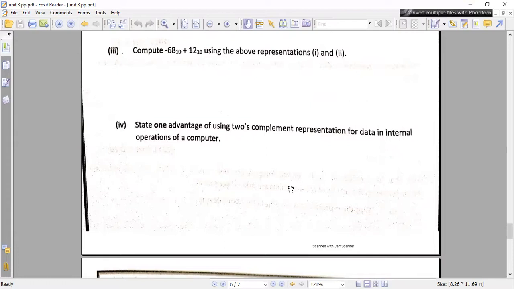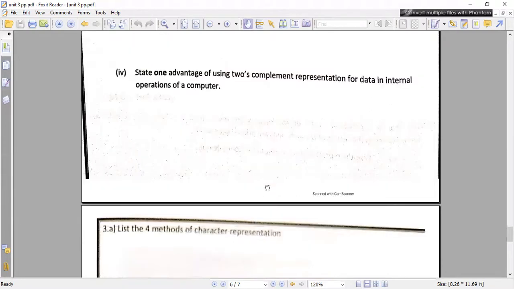But in two's complement, you get only one. So that is an advantage for the internal operation, because you have one value for 0. And subtraction is also carried out as addition, so you can write down more efficient calculations.